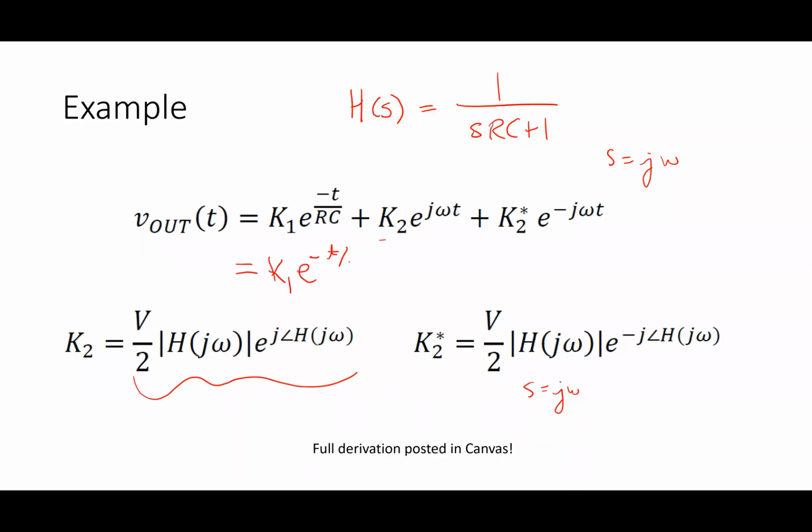I would get that this is e to the negative 2 over RC, t over RC, plus V over 2 times the magnitude of H of j omega times e to the j omega t plus the angle of H of j omega, plus V over 2 magnitude of H of j omega.